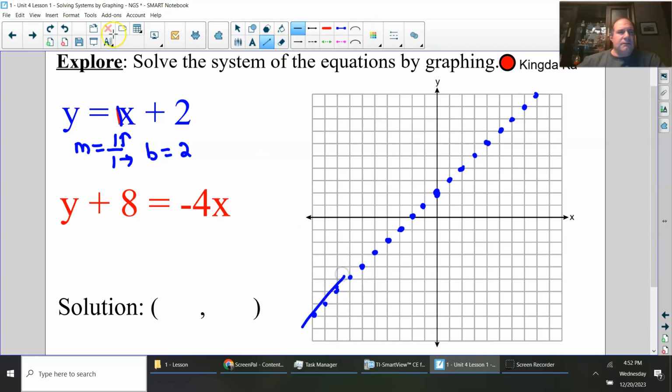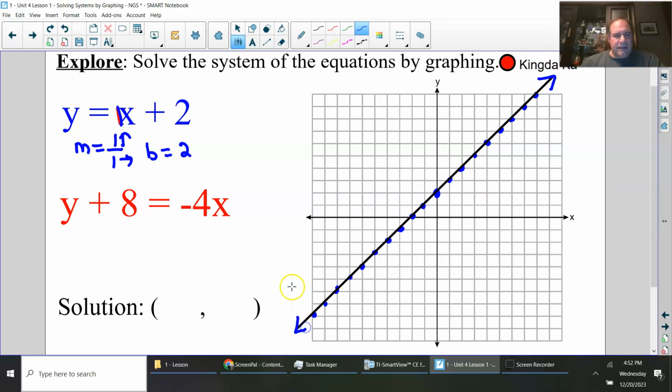So connecting, the computer has a mind of its own. And here we go. Connecting those points nice and straight, just like that. At the end, you put your 2 arrows, and at the beginning or end, it doesn't matter.